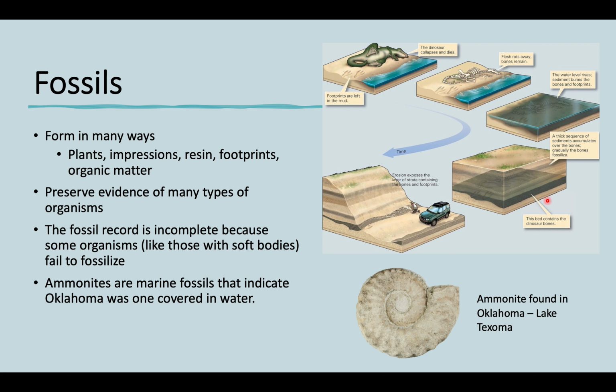Gradually, the bones become fossilized, almost like a stone. This bed contains the dinosaur bones, and then erosion eventually exposes the layer of strata containing the bones, and paleontologists are able to find these bones this way. There are lots of dig sites, even in the state of Oklahoma, that paleontologists go to find dinosaur bones to this day.